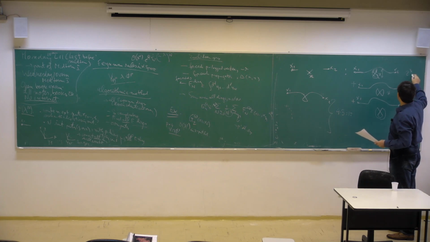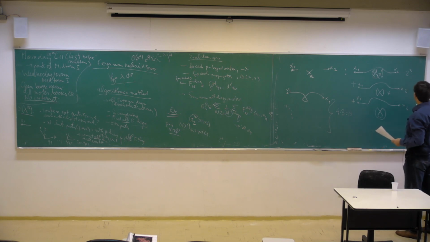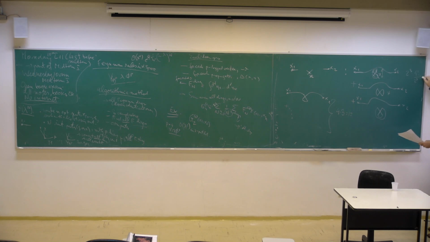So I would have 4 factorial over 2 to the 3, which is just 3 diagrams, which are those 3 diagrams.